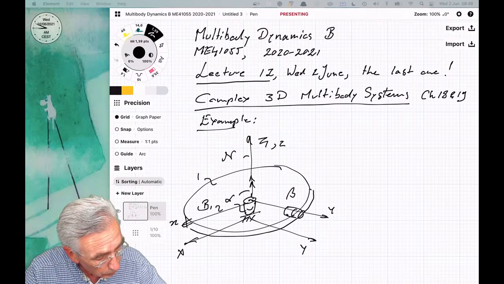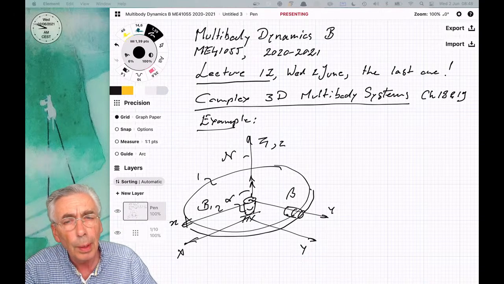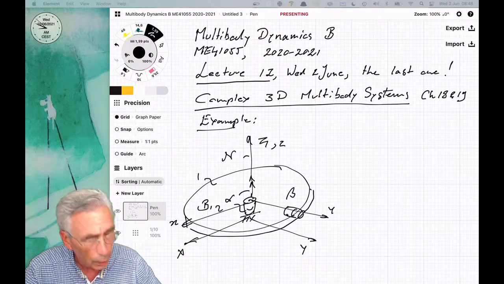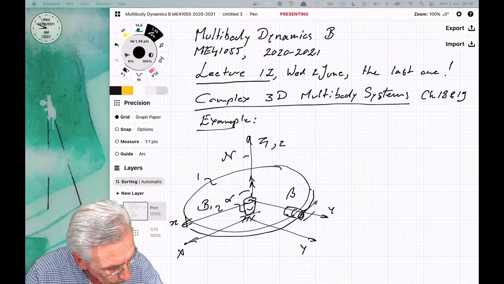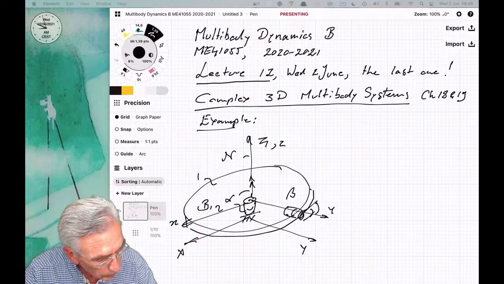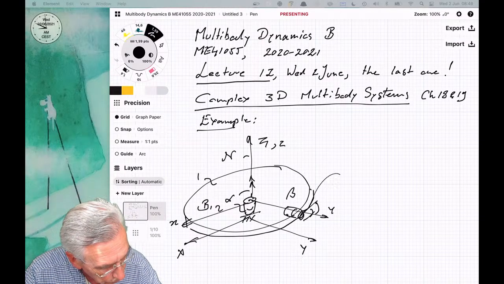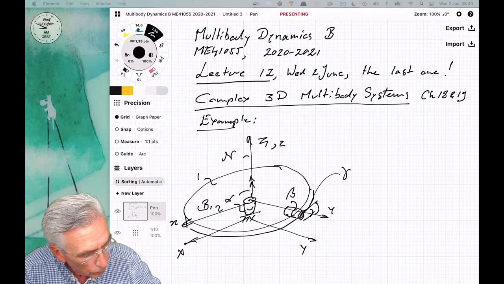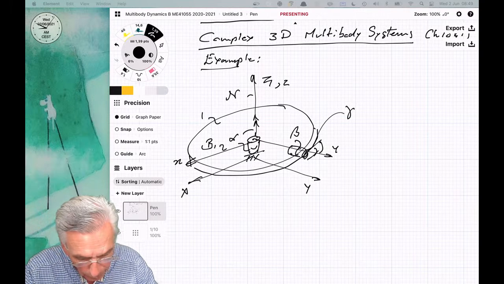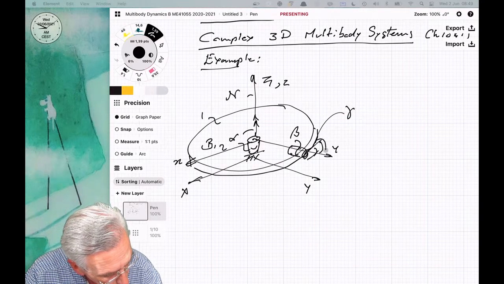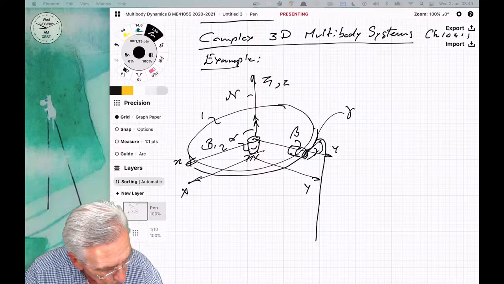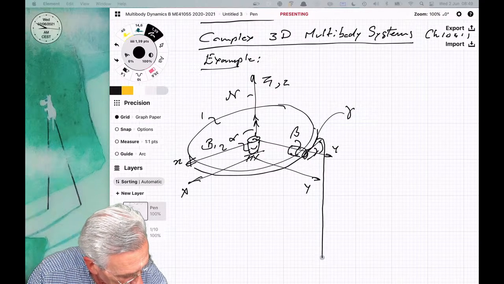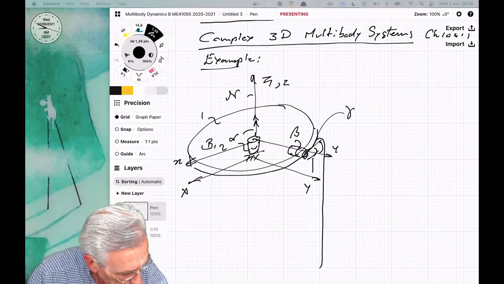Then in series with that hinge we mount another hinge, which is in the negative y direction, like this, and we call that rotation gamma. And then on top of that we mount a pendulum. The pendulum is going down like this.